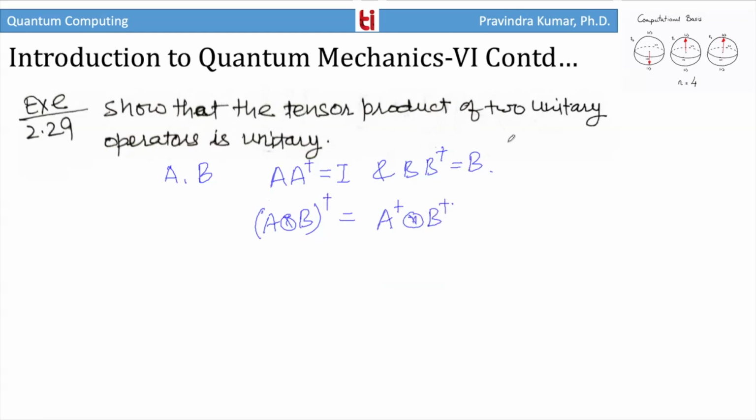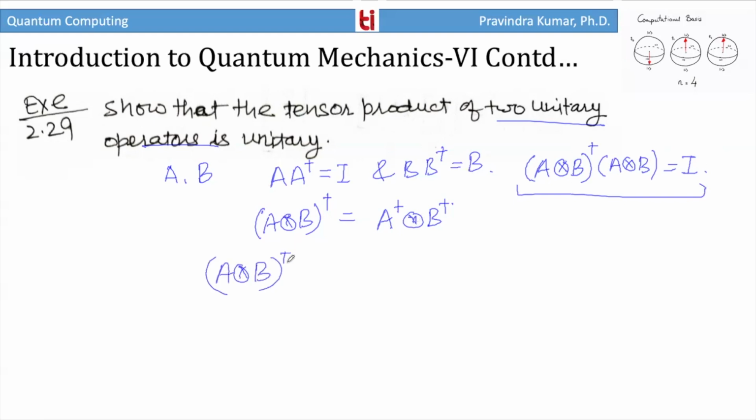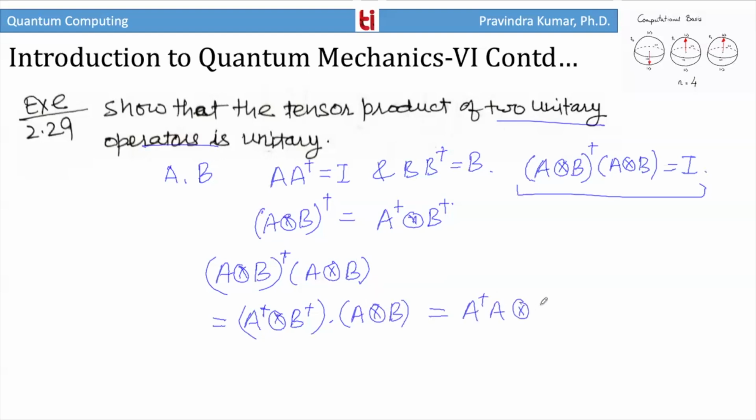Now, if I want to prove the tensor product of two unitary operators is unitary, then it should follow this property: (A tensor B) dagger (A tensor B) will be identity. Let us check this. So here (A tensor B) dagger into (A tensor B), I can write it as A dagger tensor B dagger into A tensor B, and it can be written as A dagger A tensor B dagger B. And you know A and B are unitary.